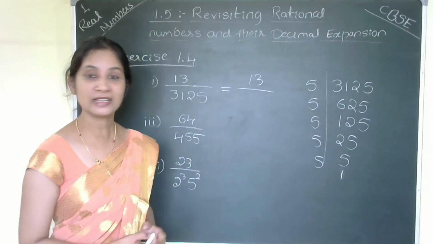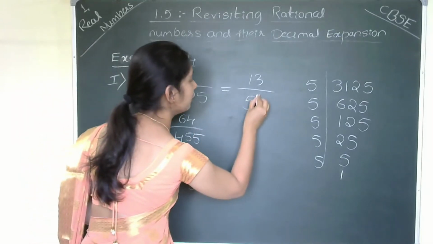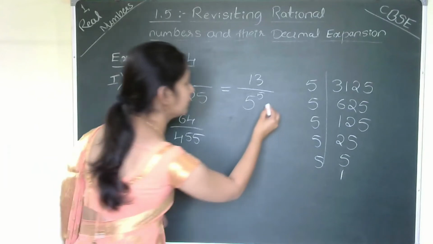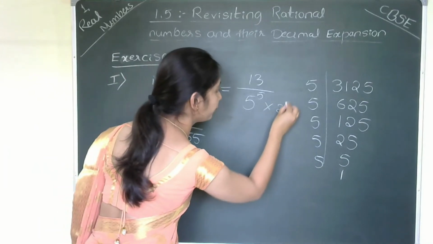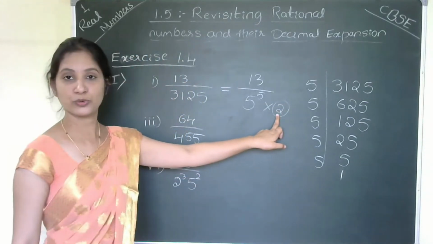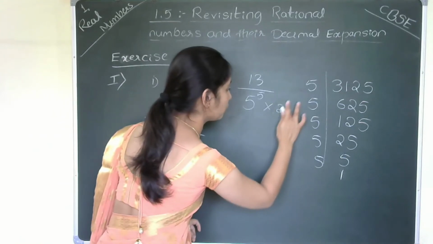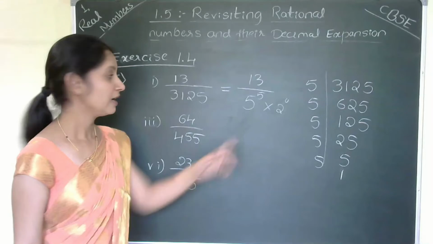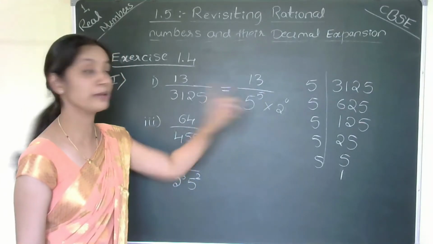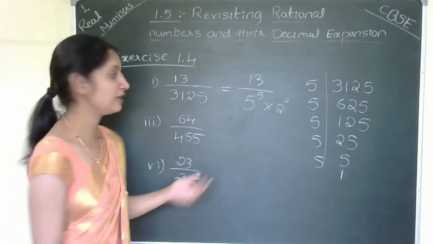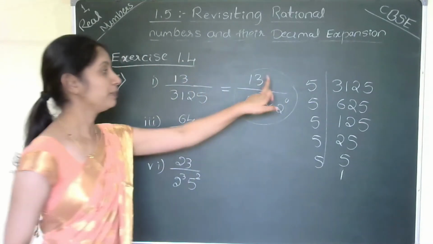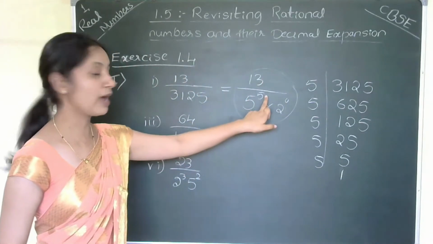So how will you write it? 5 to the power 5. There is no value for 2, so I can write 2 raised to 0, and 2 raised to 0 is 1. I am multiplying 5 raised to 5 by 1, so there is no change in the value. So I expressed the whole denominator in the form 2 raised to n and 5 raised to m.